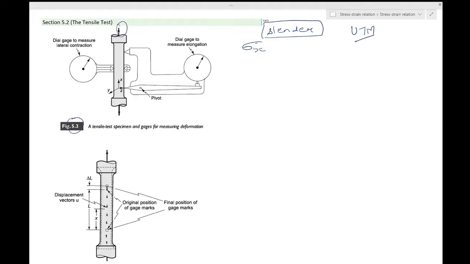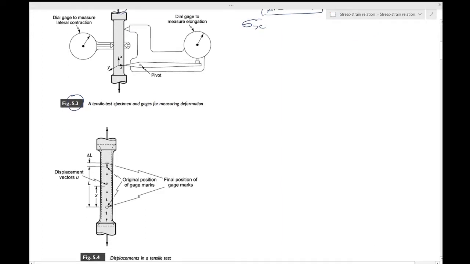The component of strain which is reported in the tensile test is the axial normal component. To obtain this you have two gauge marks which can be seen over here. Let's see this figure 5.4. So you have the original position of the gauge marks. This is the fixed position.